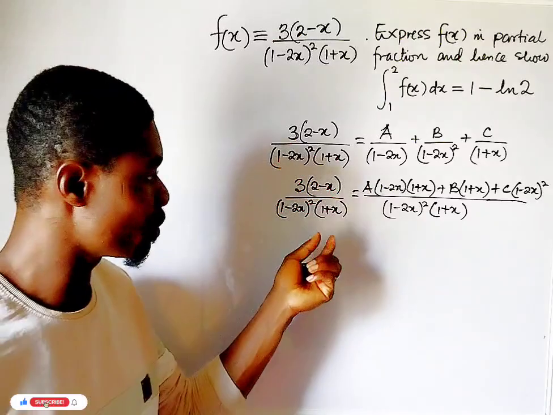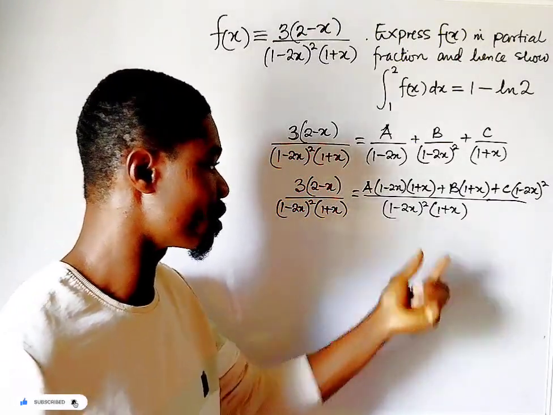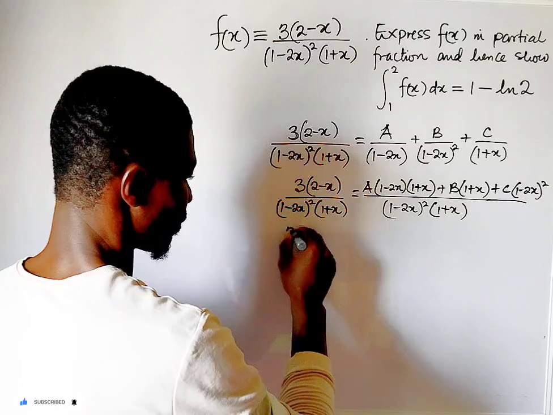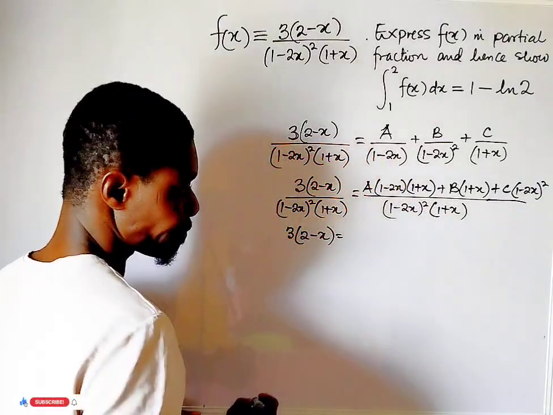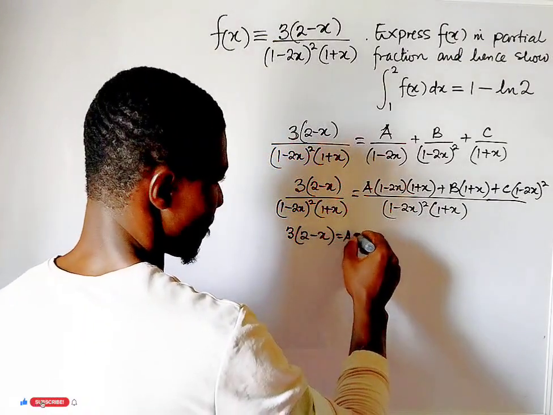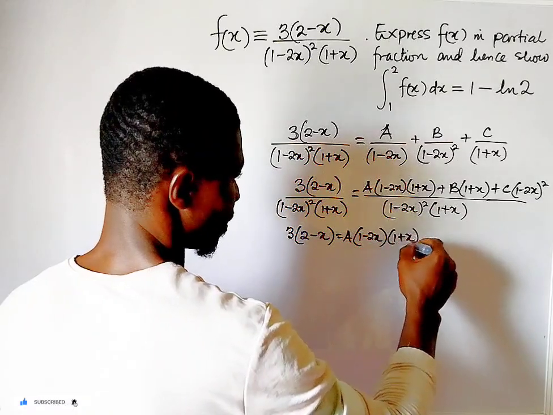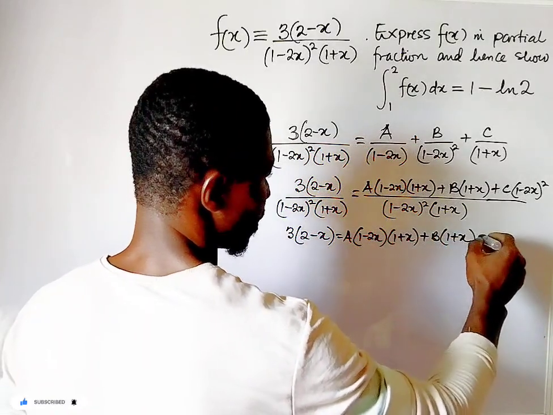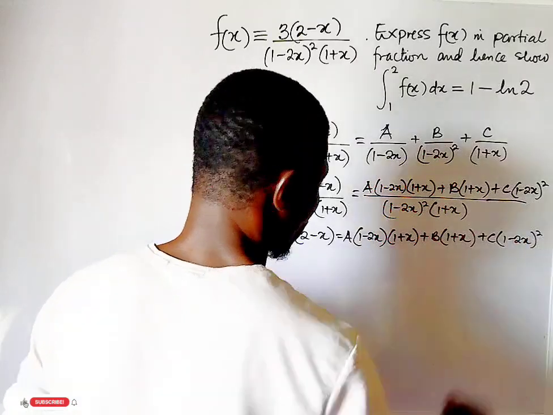Okay, now since we have the same denominator on both sides, we can just cancel it out. So we are left with 3 into 2 minus x equals a into 1 minus 2x, 1 plus x, then plus b into 1 plus x, then plus c into 1 minus 2x all raised to the power of 2.